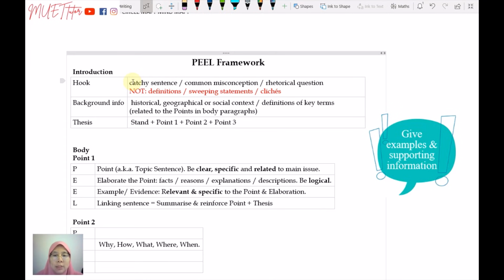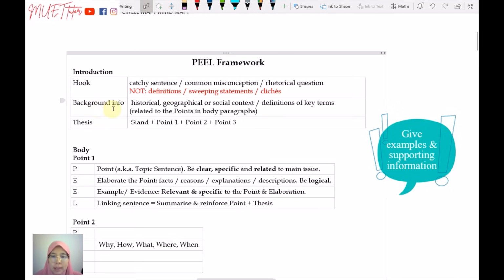Some of the ways to achieve this could be writing a catchy sentence, or teasing them with a common misconception or a burning rhetorical question. And please avoid giving dictionary definitions or sweeping statements and cliches. It's best to write this hook in one sentence and in clear and concise words.